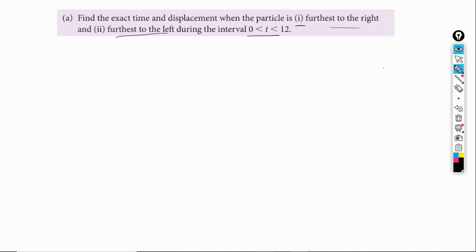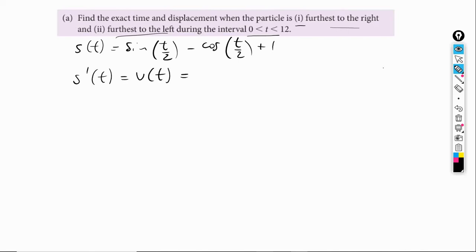Okay, so let's remember that the function for displacement is this one. S of t is equal to sine of t halves minus cosine of t halves plus 1. Then to find the maximum or minimum displacement, we need the derivative of this, which is going to be the velocity function.